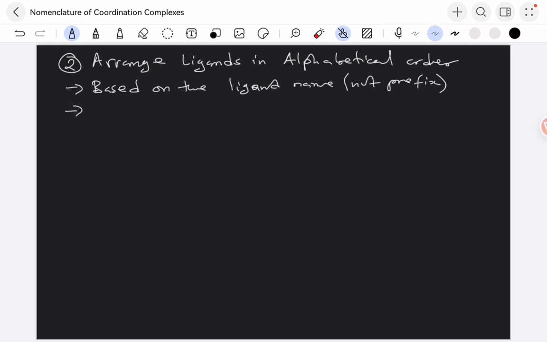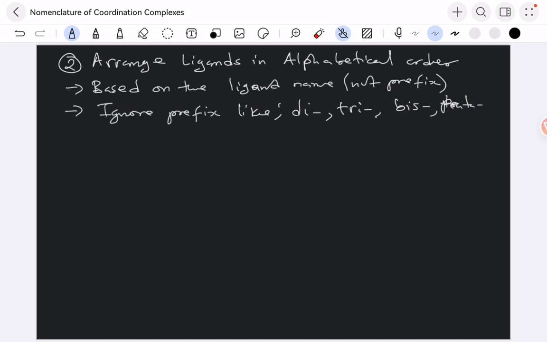So here, what we're trying to say is ignore prefixes such as di, tri, bis, penta.